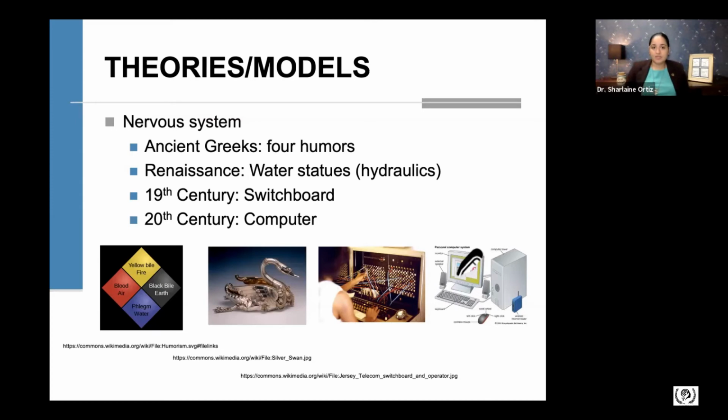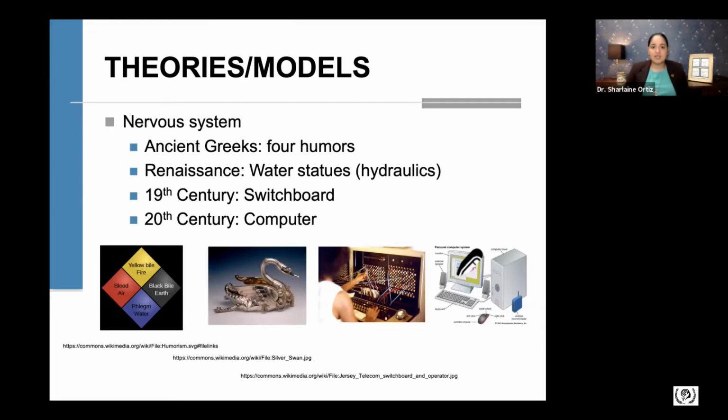For example, the ancient Greeks, whenever we had someone who was sick, or say, for example, someone who was schizophrenic, they only knew what they knew, right? So that's why I said that theories and models are revised as new information comes in, because science is about developing and rejecting incorrect ideas based on the evidence that we have at that moment.